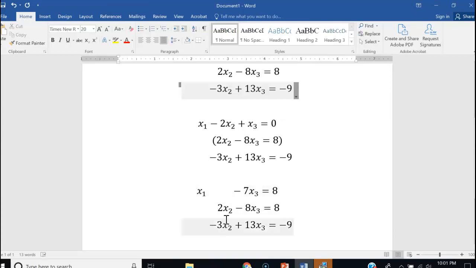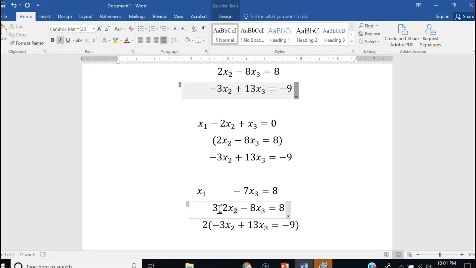Now I'm going to eliminate x2 out of the bottom equation. This one's a little bit trickier, but it's still all right. It's perfectly fine. I'm going to take 2 times the bottom equation and 3 times the second equation.